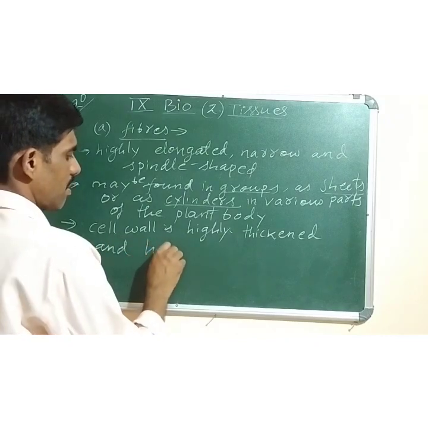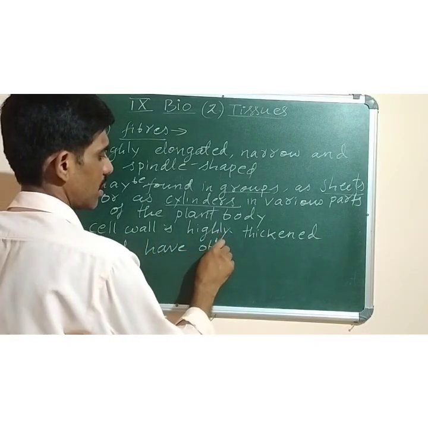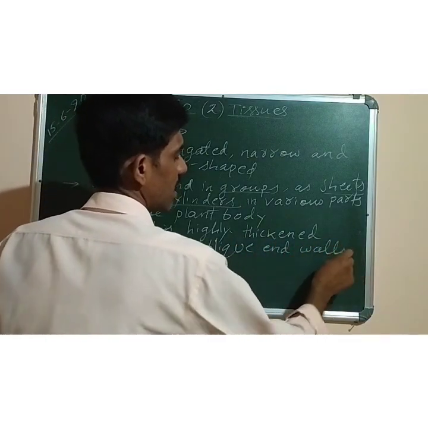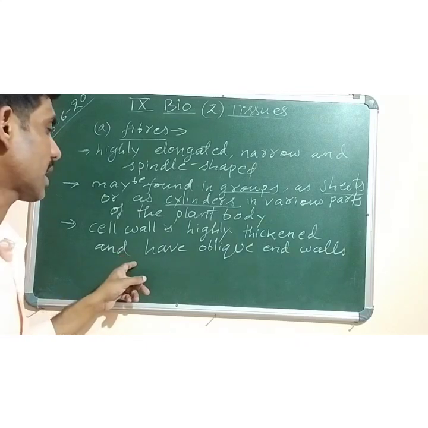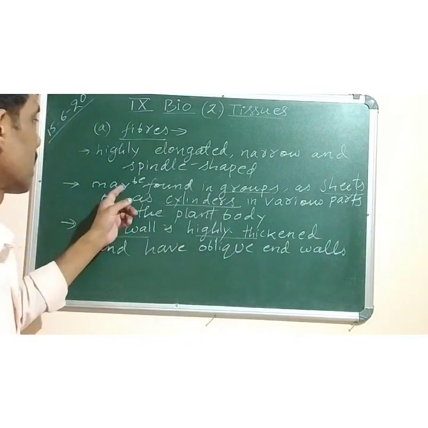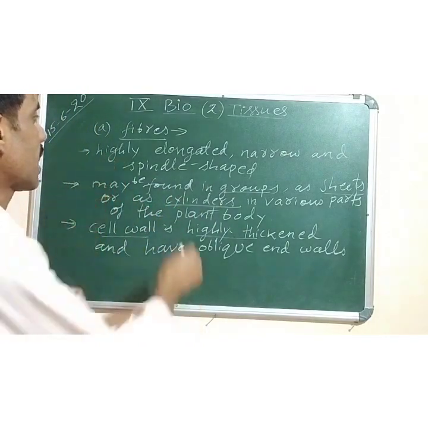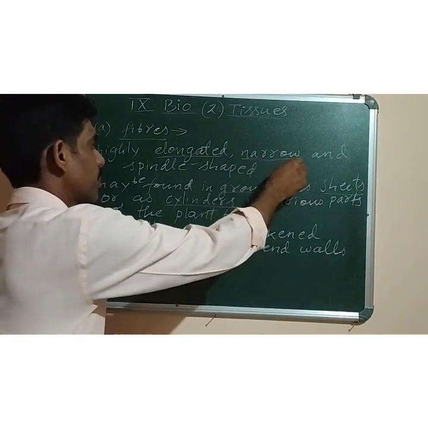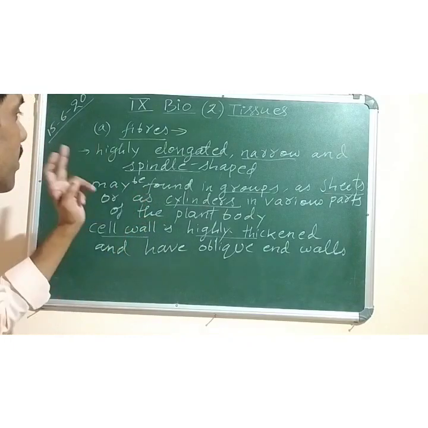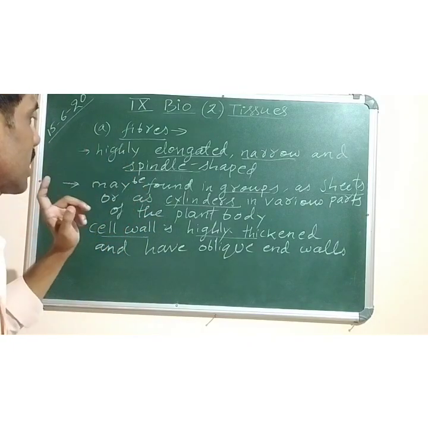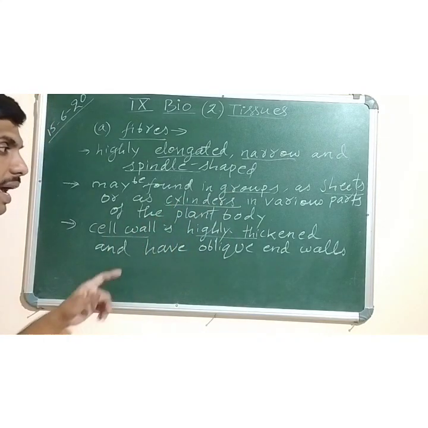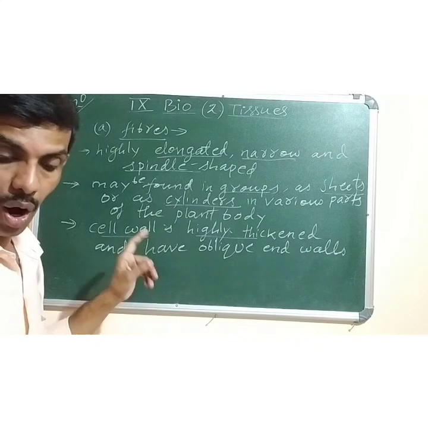Means the end walls of the cells are oblique. So these are the characteristics of fibers: highly elongated, narrow, spindle-shaped, may be found in groups or sheets or as cylinders in different parts of the plant body, and the wall is highly thickened, and they have oblique end walls.